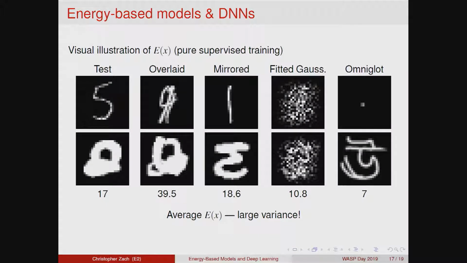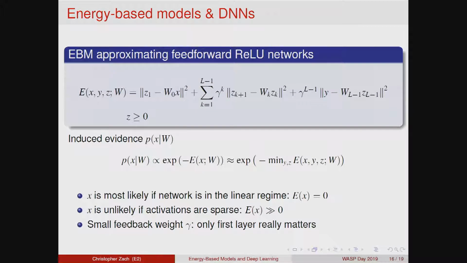And the other thing is, you can now take new data and compute the induced energy. What it turns out is, if the network is behaving more linearly for this input, then the energy is lower, meaning for this network it looks like more likely data. This is interesting because lots of methods that try to improve the learning of networks are trying to make the network look more linear for the training set; batch normalization, for example, is exactly doing this.